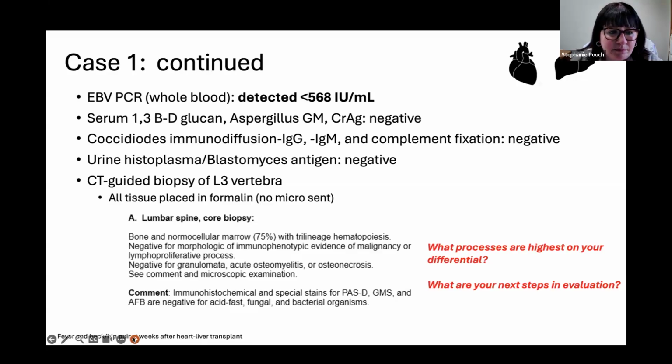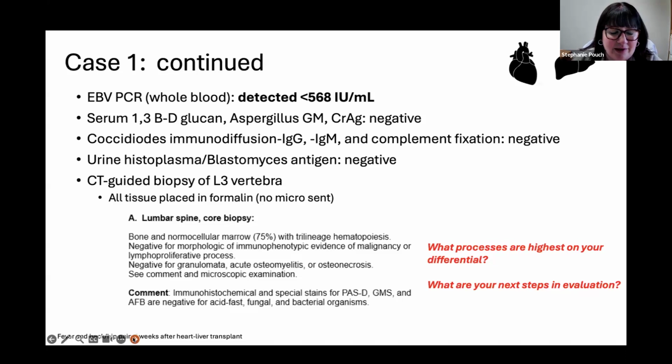So, at this point, knowing the donor history, kind of going back to what we know of exposures, I still have to admit I am still worried about mycobacterial infection, including TB. I think right now, next steps in evaluation are challenging. I'm assuming there may not be anything else that's easily accessible in terms of biopsy.